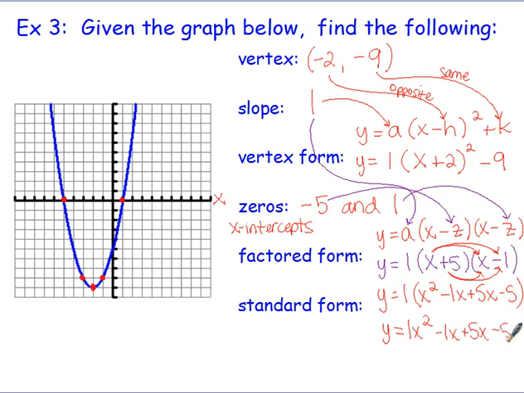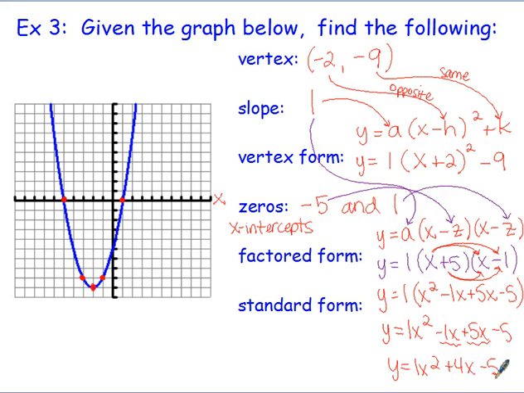And the last thing you need to do for standard form, which is what we worked with last class, is combine these two middle terms. They are like terms. So we keep the 1x squared. Negative 1x plus 5x is positive 4x. And we bring down the negative 5. And that is standard form.